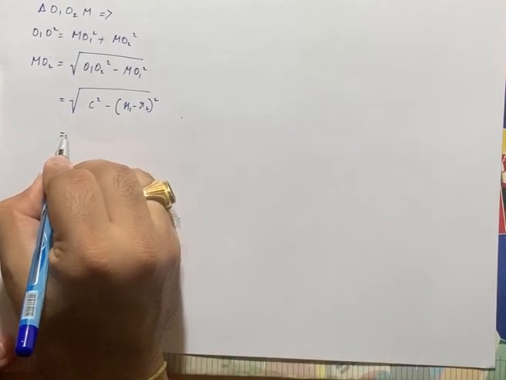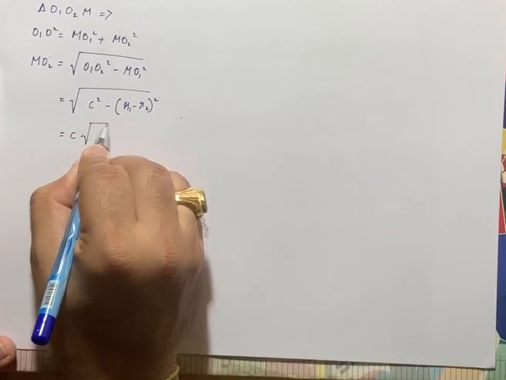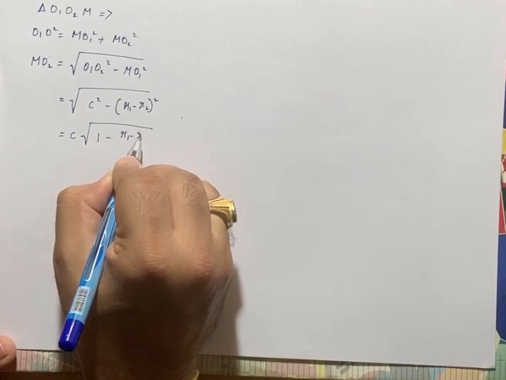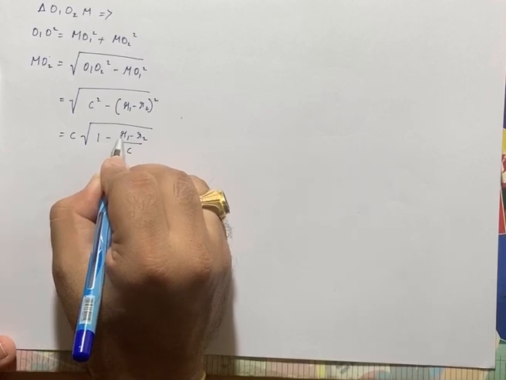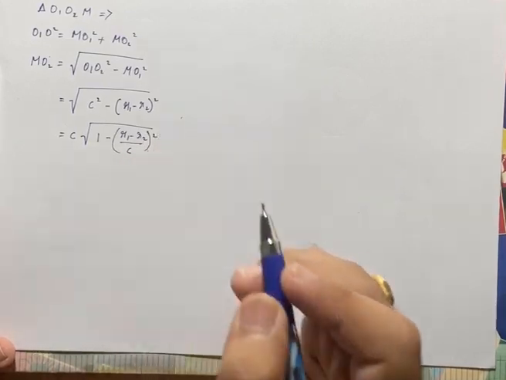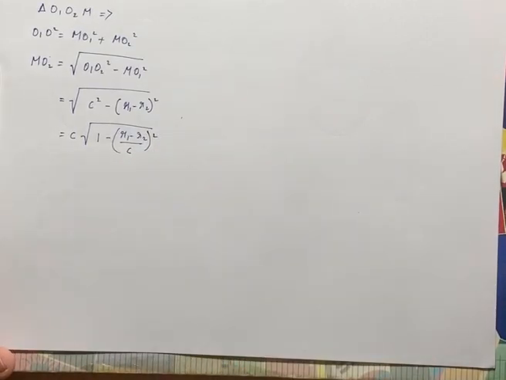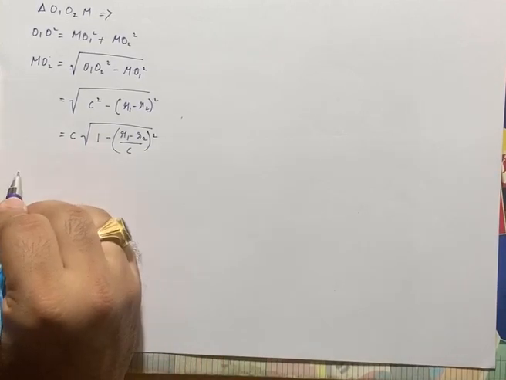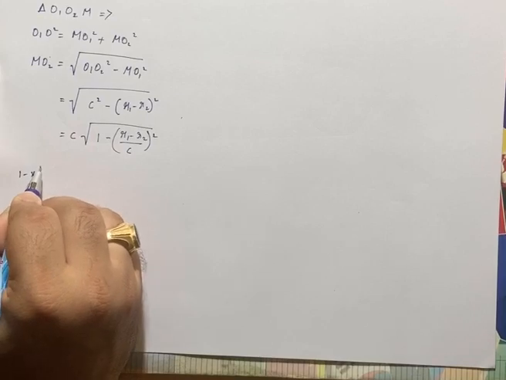Now in this equation I will take C outside the root: 1 minus R1 minus R2 by C the whole square. Now when we look at this equation, it is in the form of 1 minus x raised to n.